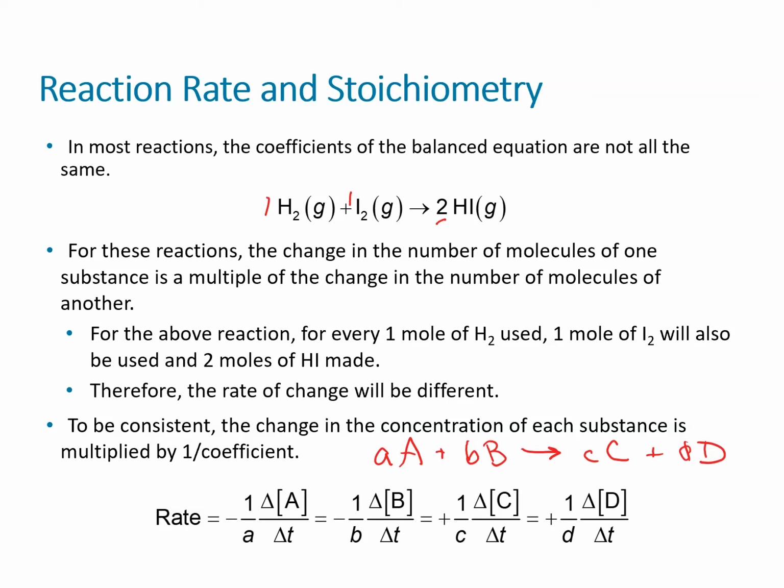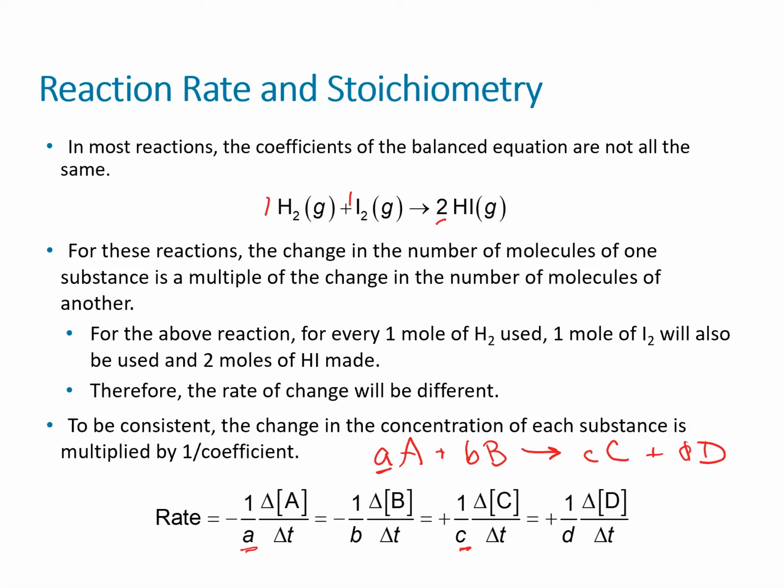So if we were to make any rate expression to transfer between reactants and products, the change in the concentration of A here is going to be adjusted for whatever the coefficient small a is. And then we can make that equivalent to whatever the change in the rate of C is based on a positive c.